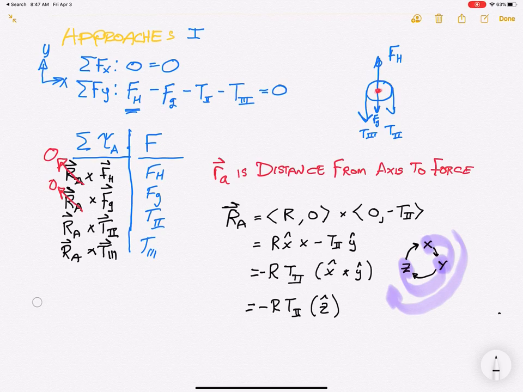Okay, and all the way from the beginning, because this will just be confusing, because I worked out the cross product, what we've actually been solving for is the torque due to force 2.